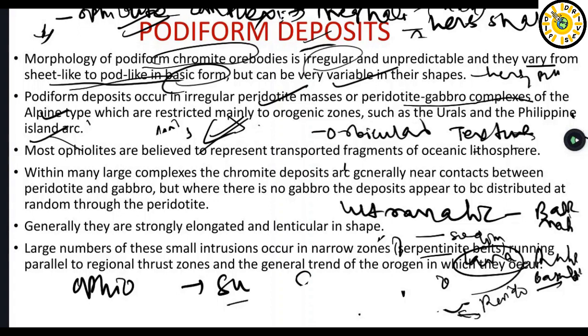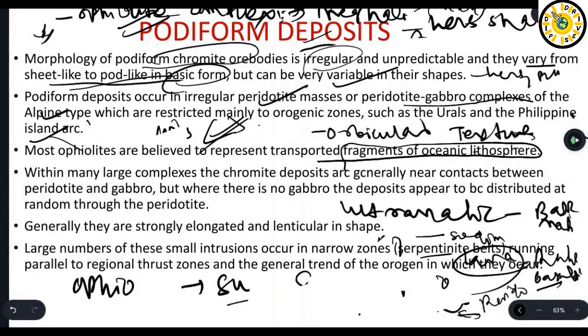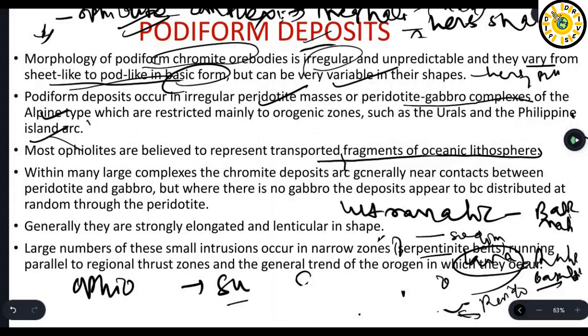So most ophiolites are believed to represent the transported fragment of the oceanic lithosphere. We discussed this, because what do you mean by ophiolite? I told you that day. It is a snake-like ultramafic rock formed due to obduction, right?